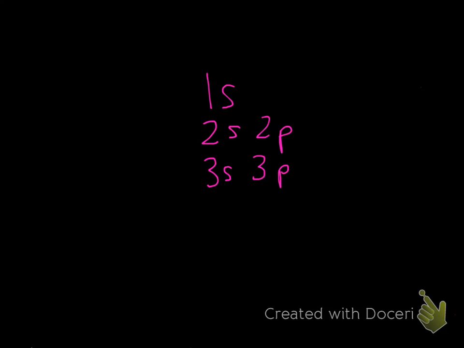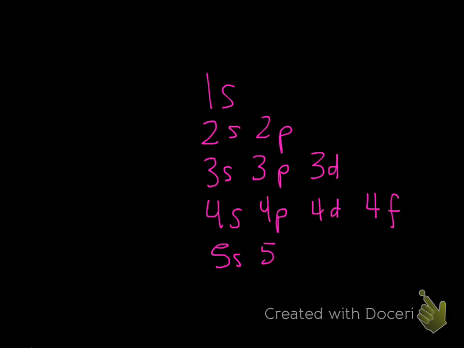3s, 3p, 3d, 4s, 4p, 4d. On the 4th main energy level, we add an f orbital, so it goes to 4f, 5s, 5p, 5d, 5f.